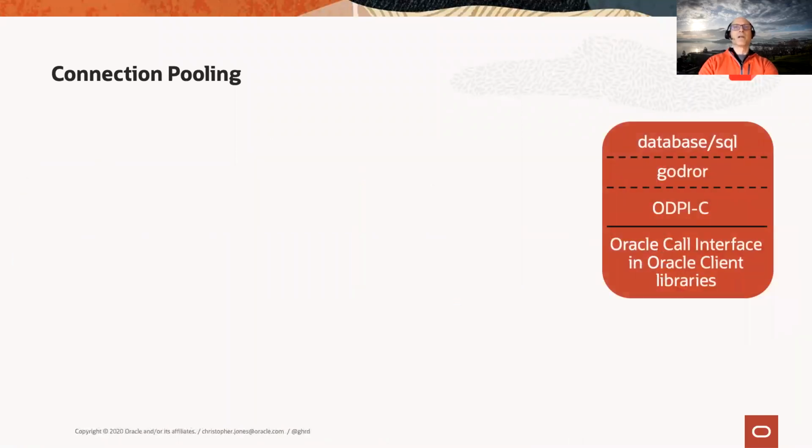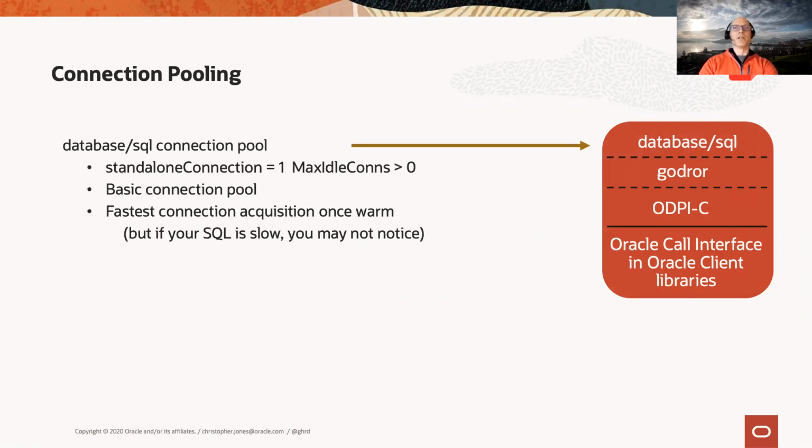So connection pooling, there are actually 2 connection pools in this land, in the Go driver for Oracle, and they're both enabled at the same time, which is slightly confusing, and I recommend you not use the default. So the first connection pool is a sort of simple one at the database/SQL level. It has a few tuning options.